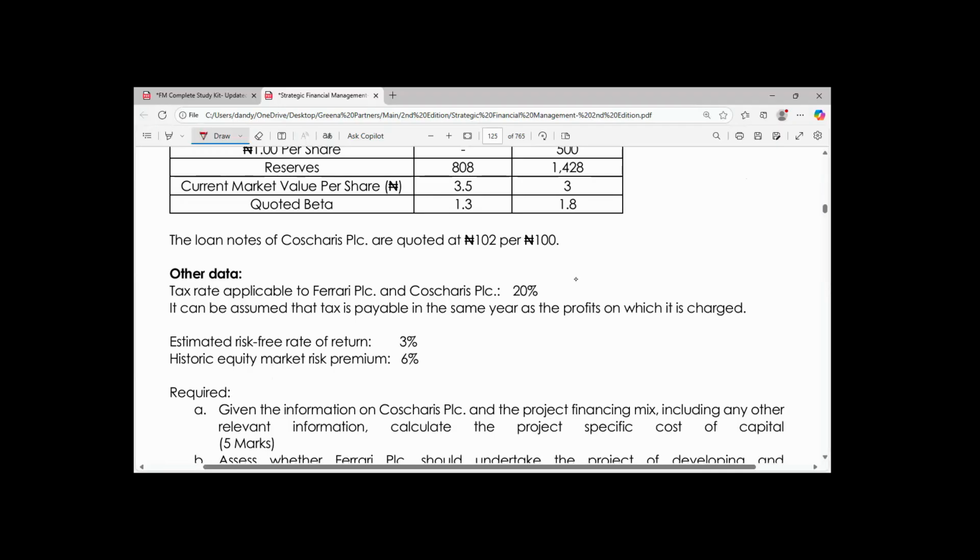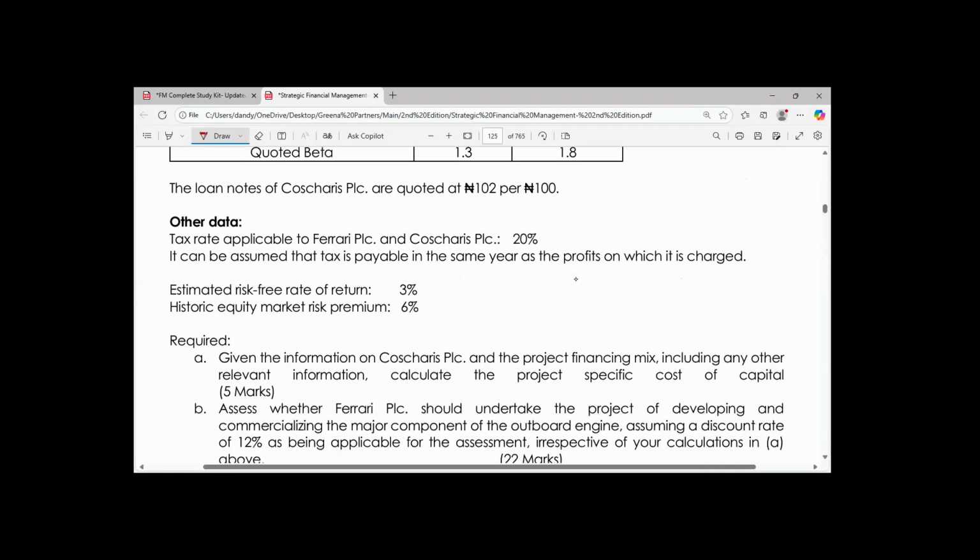Other data: the tax rate applicable to Ferrari and Coscharis PLC is 20%. It can be assumed that tax is payable in the same year as the profit on which it is agreed. The estimated risk-free rate of return is 3%. The historic equity market risk premium is 6%.